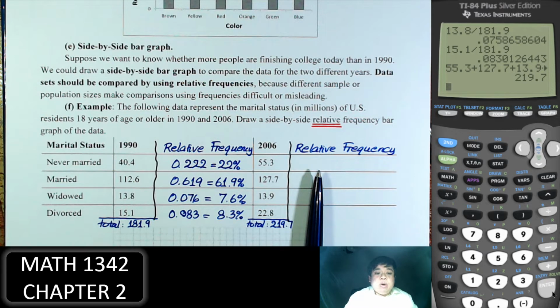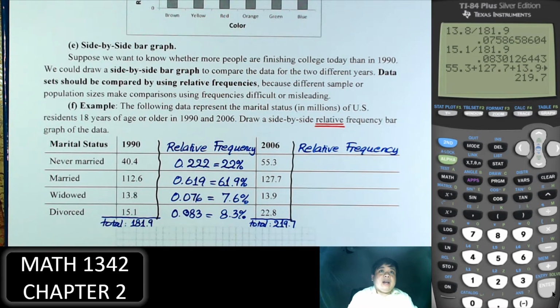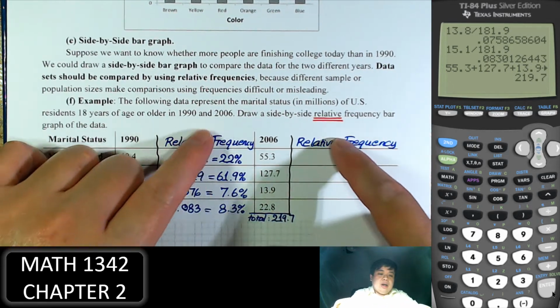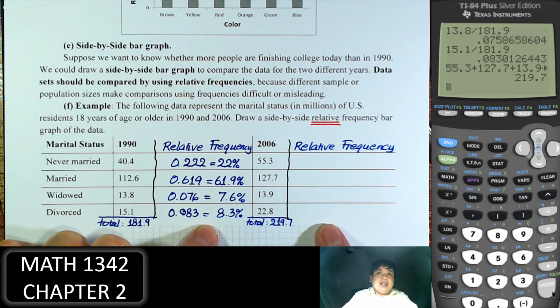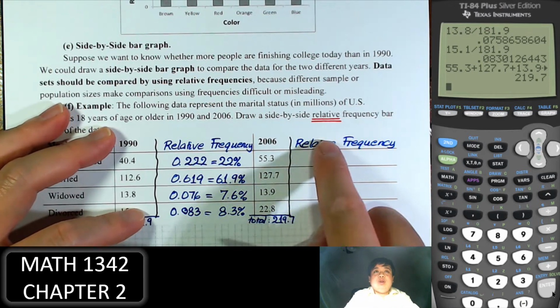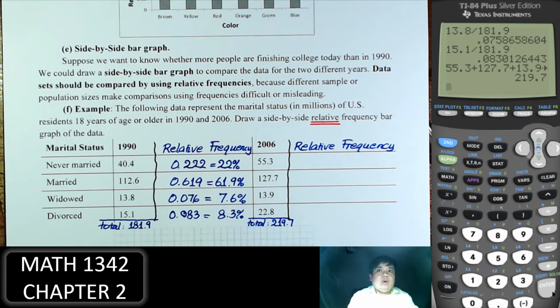But if we divide by the total number, we get the percentage. So the total adds up to 100% for each year, and in that case we can compare them. If the total numbers are the same, we can use frequency distribution. But if the numbers are not the same, we have to use the relative frequency so that the total number will be the same.